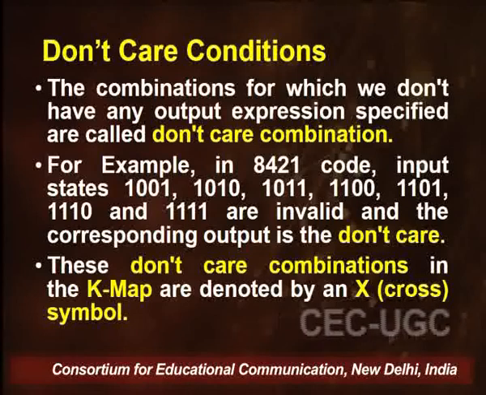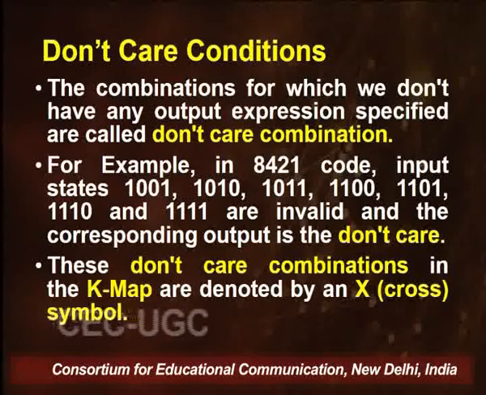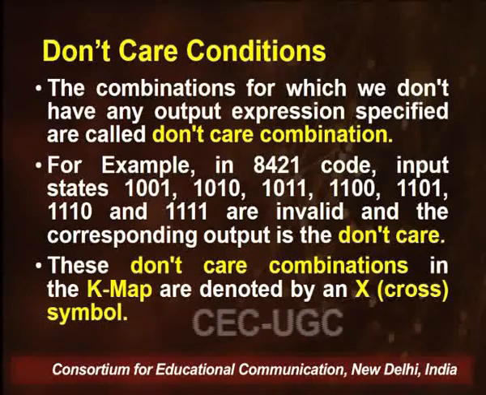Let's look at the last condition, which is called the don't care condition. Sometimes we are given some terms. When we put them on a map, I will not be able to group them into any other group and we do not get any simplified answer out of it. So there is the entire effort of making a K-map, putting the values there, but I cannot group any of those values because we do not have any entry which is present in a logically adjacent cell.